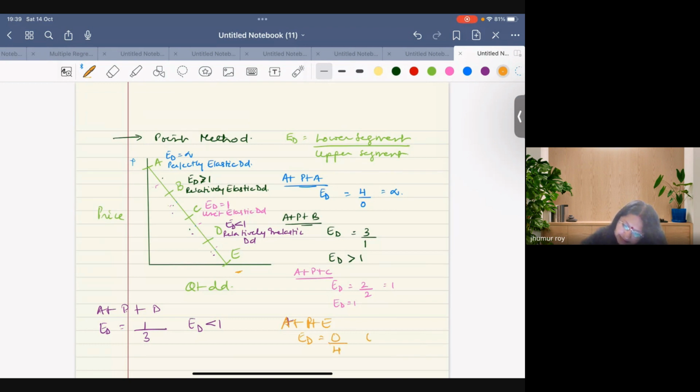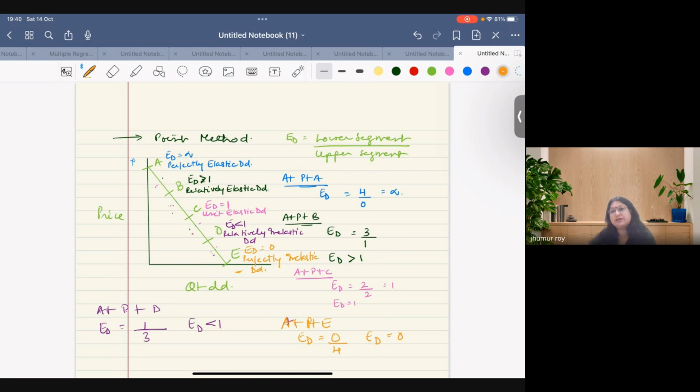In this case, elasticity of demand is equal to 0. So we call this perfectly inelastic demand. Is it clear? So this is another method.